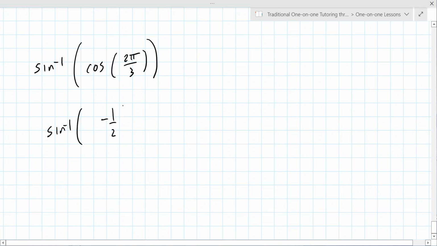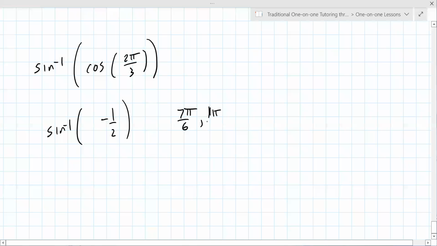So now you have to figure out where sine is equal to negative 1/2. Where's that? 7 pi over 6 and 11 pi over 6.